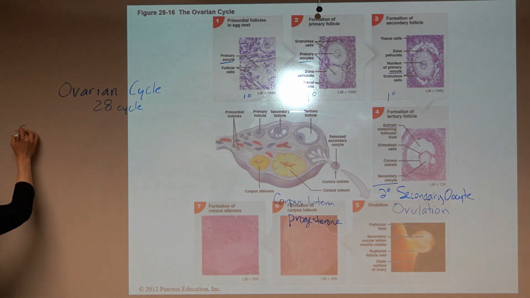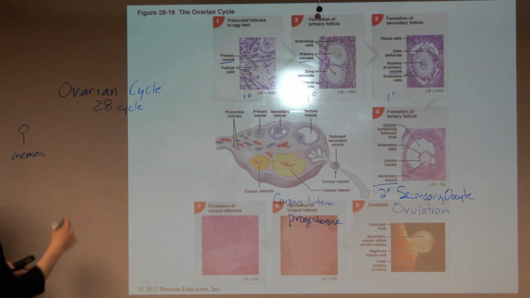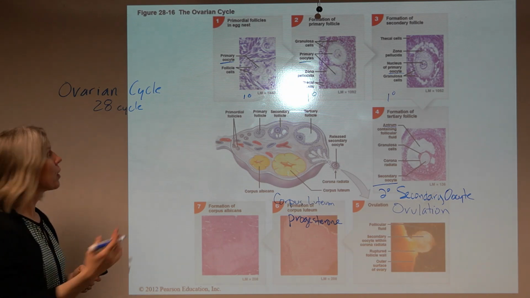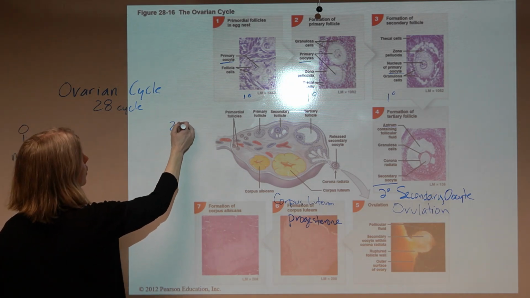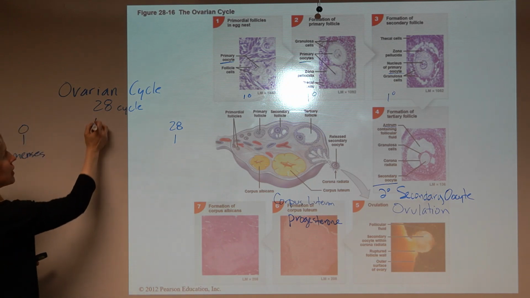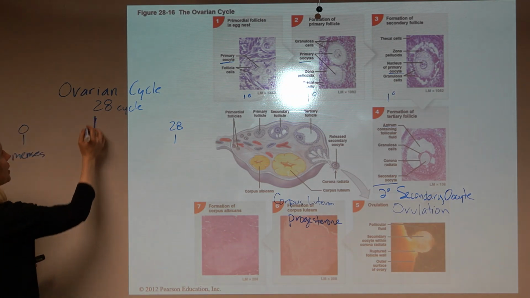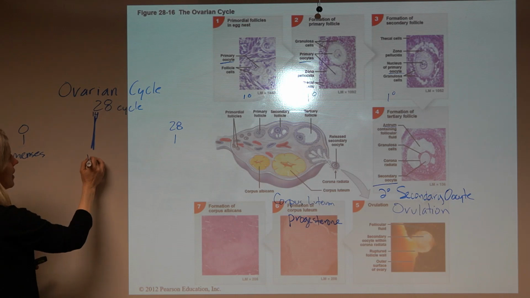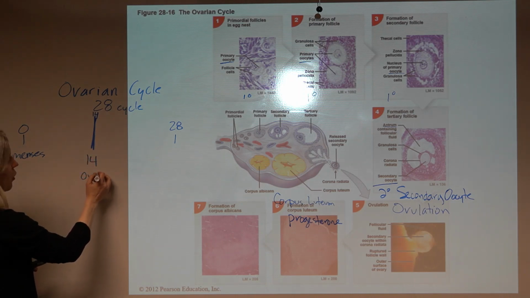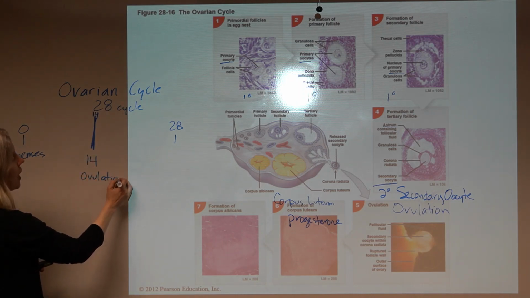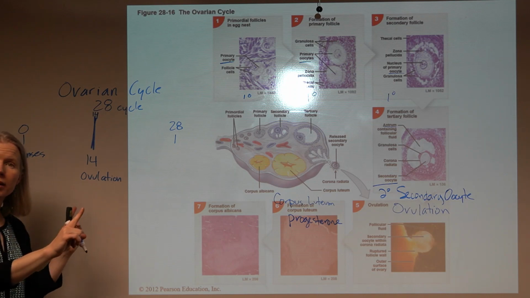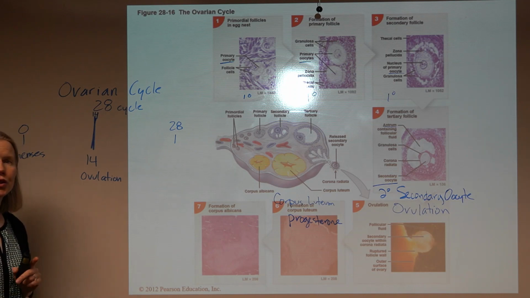On day 0, that is when menses, or bleeding, would begin. And then we go until day 28, right down the middle of here. Day 14 typically marks ovulation. And ovulation then really splits this ovarian cycle into 2 halves.